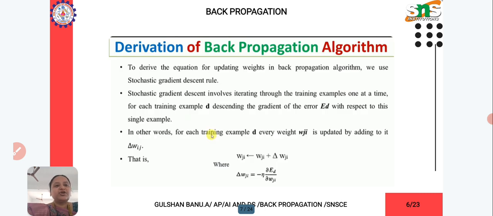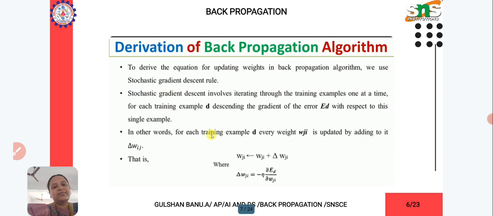So this is the process of how you derive the backpropagation using the stochastic gradient descent rule. Now in the stochastic gradient rule, you descend the gradient of the error E_d with respect to the single example. In other words, for each training example d, every weight w_ij is updated by adding to it the delta w_ij.